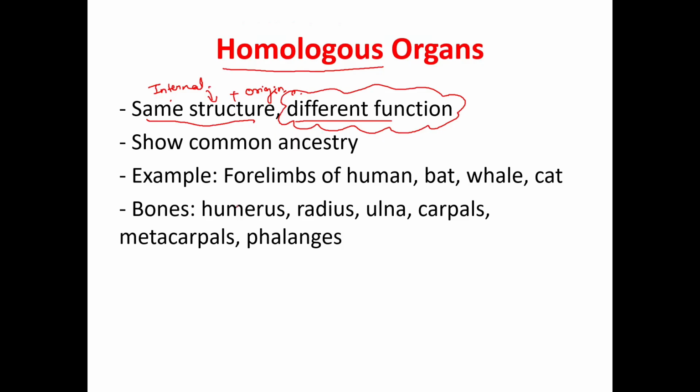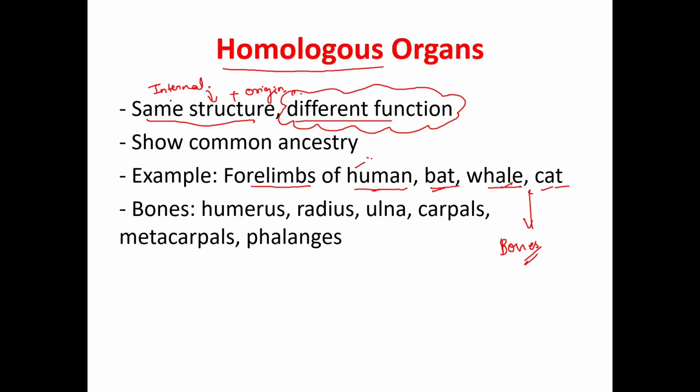Let's take an example. The forelimbs of a human, bat, whale and cat are the same in origin, the setup and the arrangement of the bones are the same, but the function of the forelimb in human, bat, whale and cat differs. So those organs are called homologous organs. The forelimbs of a human, cat, whale and bat all have a similar bone structure but do different things.